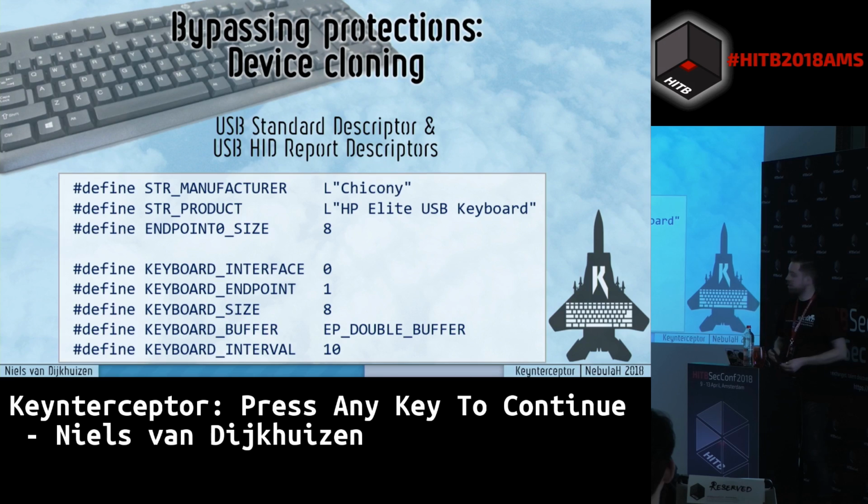So first off, how to bypass the USB policy kind of protections. Let's take USBGuard from Daniel Kopecek as a reference. You could simply clone USB descriptors. It's not very hard.